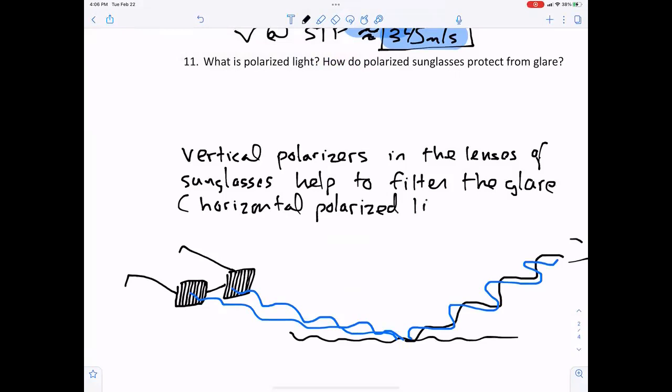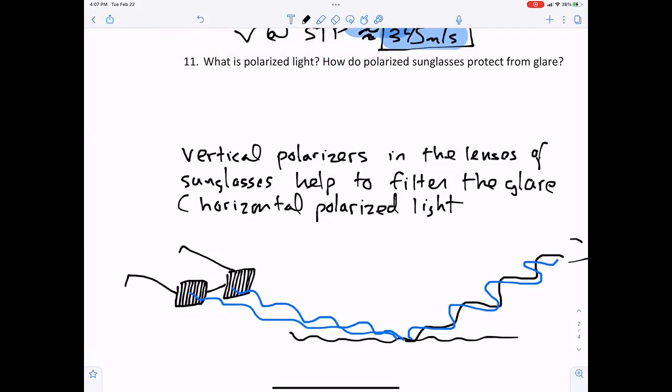Horizontally polarized light. Well, horizontally polarized light is not going to fit through vertical filters. So a lot of it is darkened out, which is why when we wear sunglasses, a lot of the light is eliminated and darkened. You do see a shade of the light because some of the vertical polarized light has still bounced off of the surface here. It's just not much of it is there.